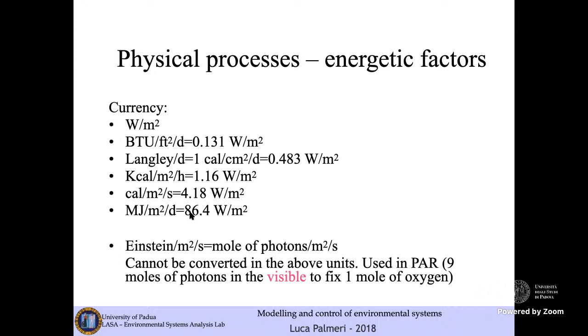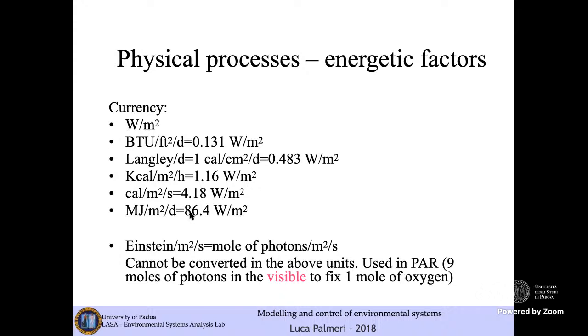We have introduced a new interesting currency, that is the Einstein. The Einstein is 1 mole per square meter per second. 1 mole of what? 1 mole of photons per square meter per second.